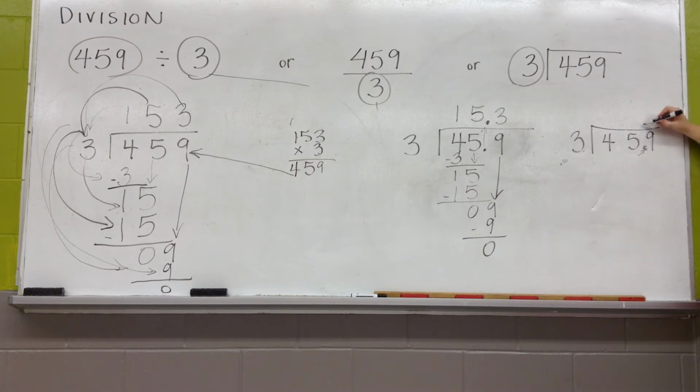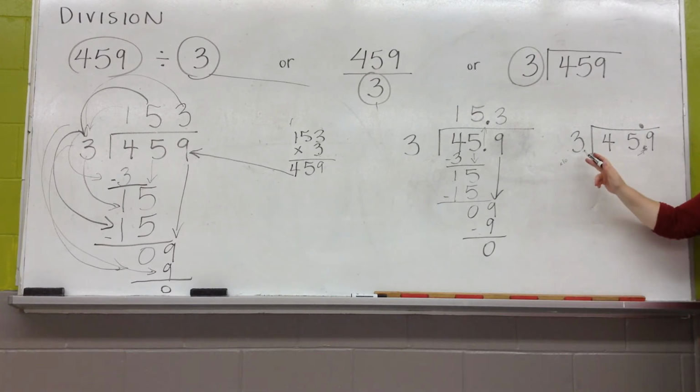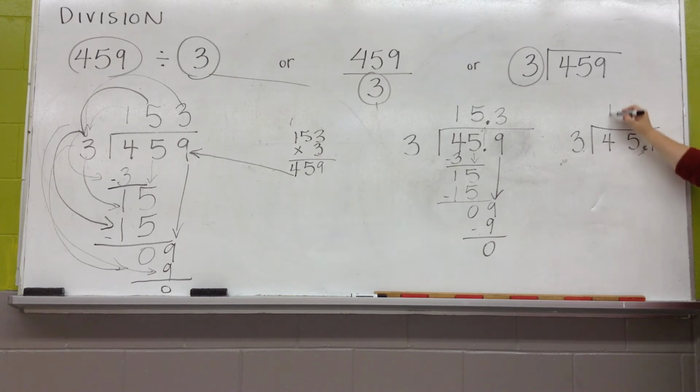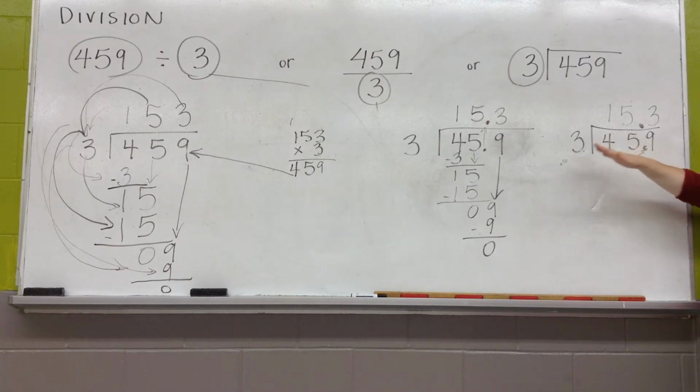The new decimal would be up here in the answer. And so we would go through the process exactly the same, dividing this time by 3, and we would again end up with 15.3.